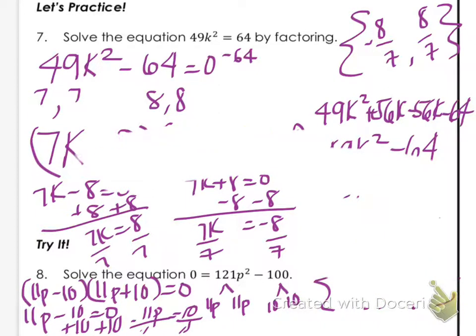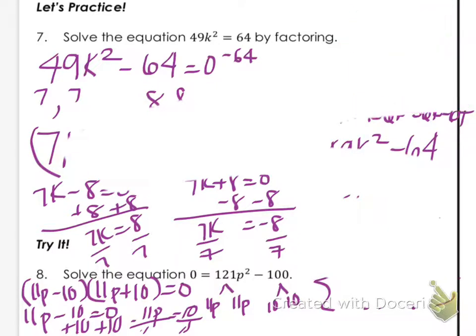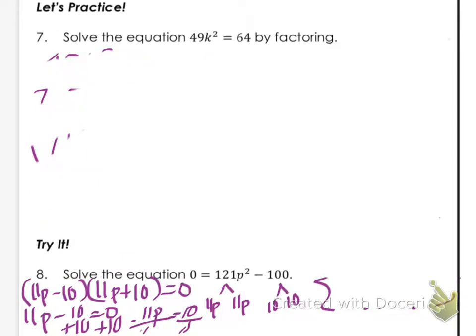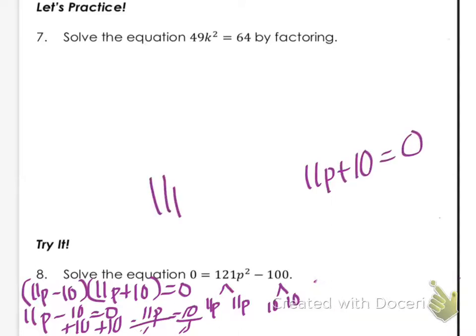And then we're going to solve the other piece, 11p plus 10 equals 0.